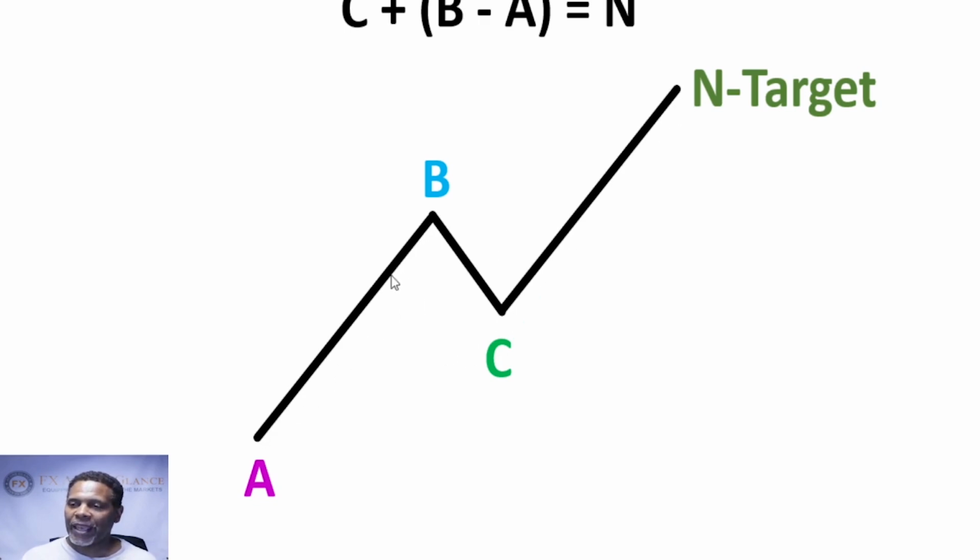So AB added on to C will equal N. All right. So you take this C plus B minus A. So whatever B minus A is, you add to C. So if this was 200 pips, you add 200 pips from C, and that'll give you this target here.